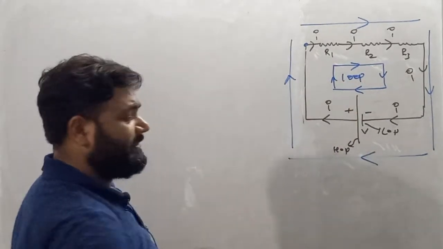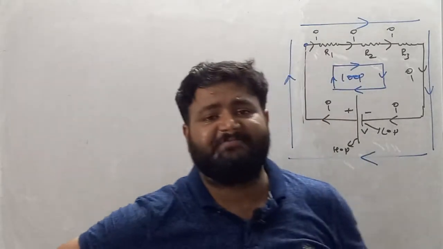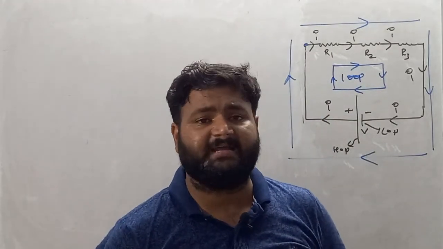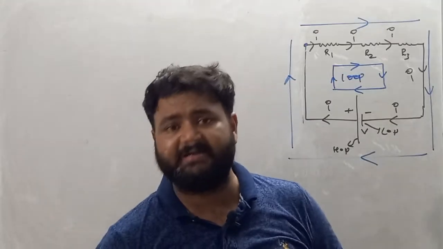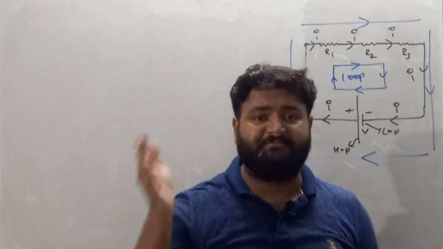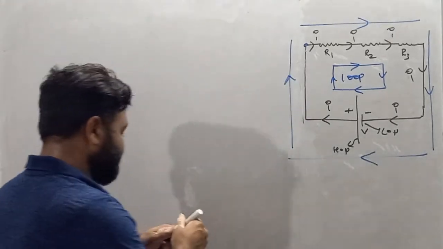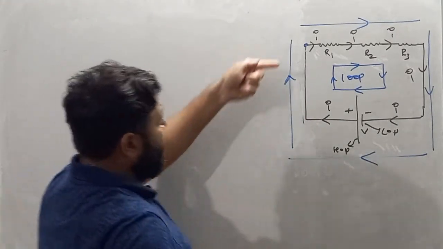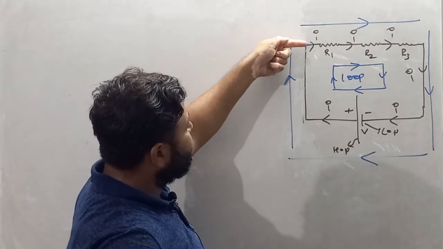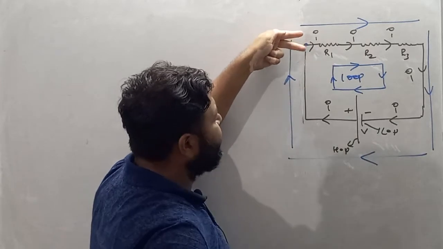Now see what the second law says: the sum of potential difference across every circuit element in a closed circuit must be equal to 0. I move from this point and encounter R1.